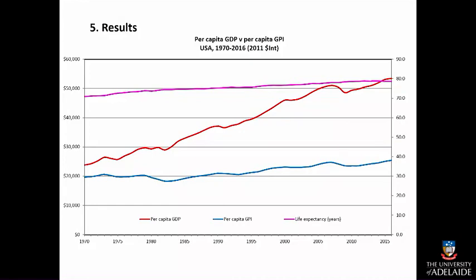I've got that in there because I may be part of a study which looks at the generally held assumption that per capita GDP is a good indicator of life expectancy. So the idea of this study is not only to calculate the GPI per capita for each country, but to see whether that's a better predictor of average life expectancy than per capita GDP. I'll talk about that right at the end.